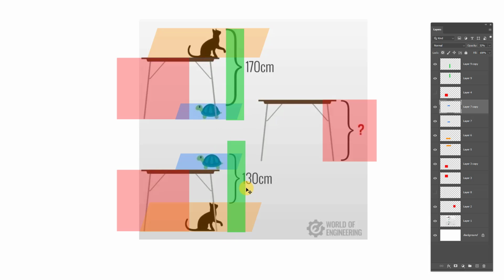What is going to help us is there is a turtle, there is a table, and there is a cat. All we know is that the cat plus 130 centimeters, right? And then we have a turtle and 170 centimeters. So with those two things on top, we know that there's a certain height and there's a certain proportion that we're looking for.